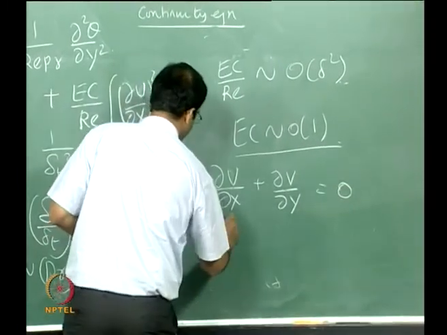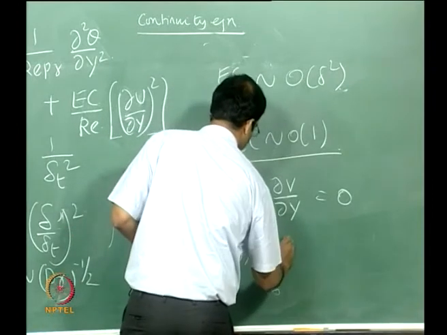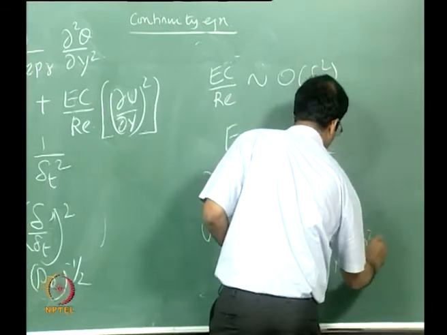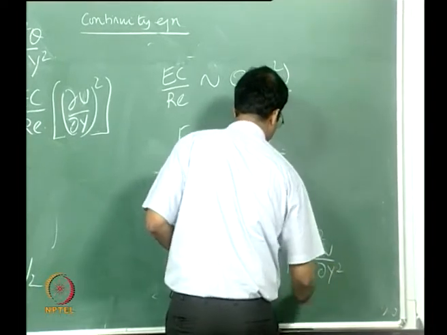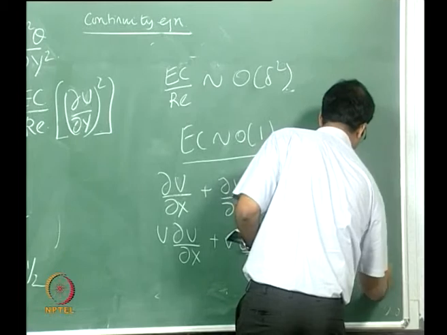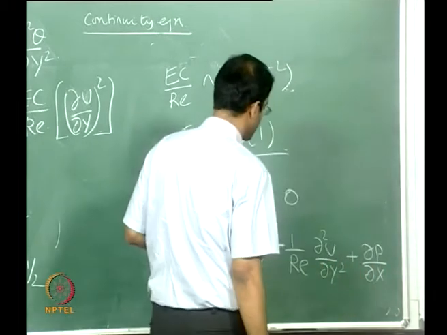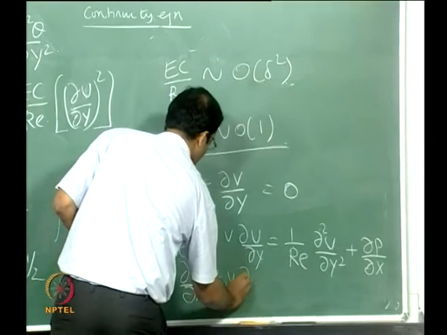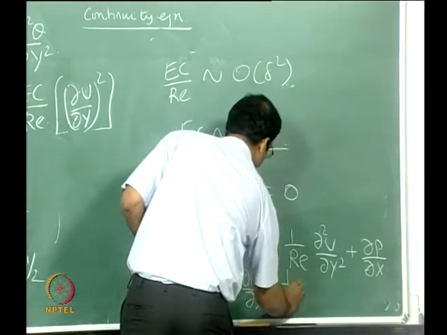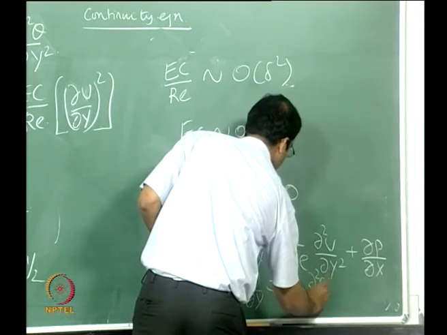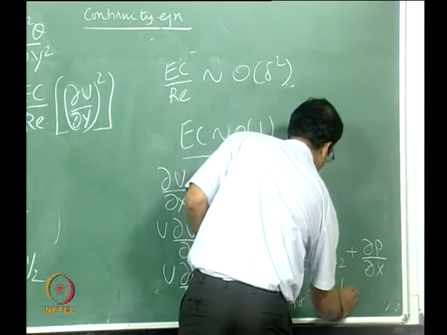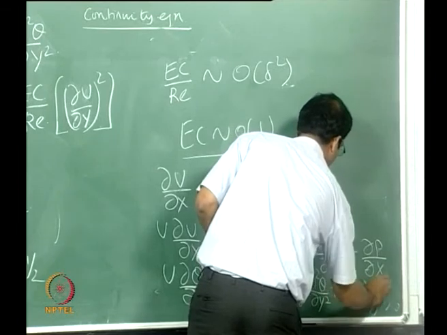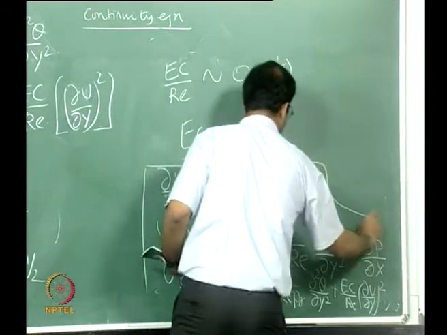So your x momentum equation, of course for a flat plate you won't have this term, but for favorable and adverse pressure gradients you can have dp dx, and your energy equation. Okay. So these are called the boundary layer equations.